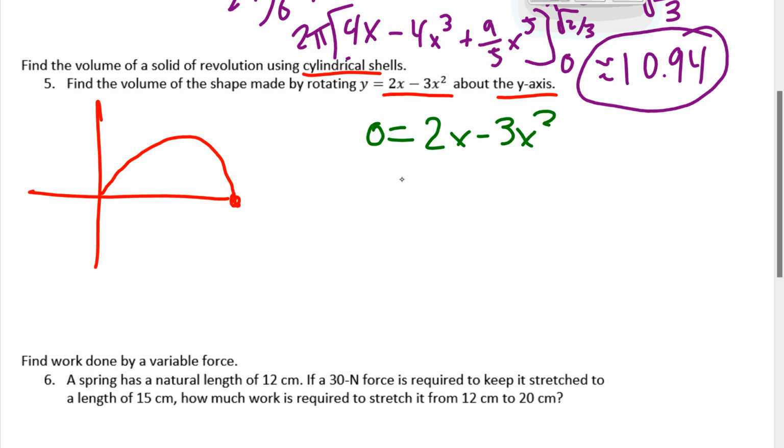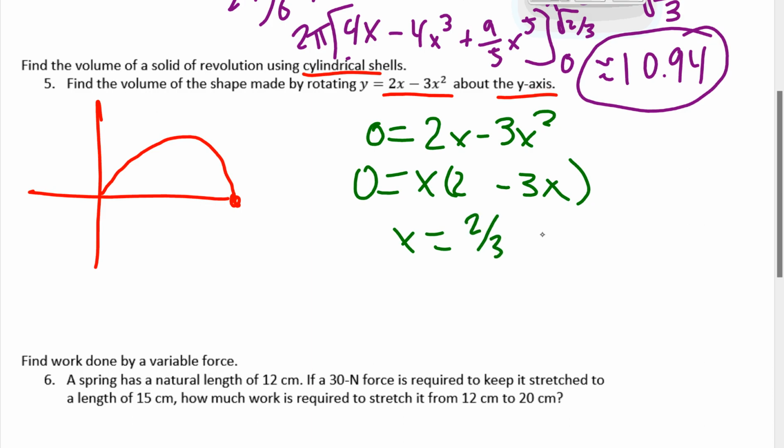So factor out x, x times 2 minus 3x equals 0. So that means x equals 0, and x equals 2/3 again. So this would be at 2/3, and this would be at 0.